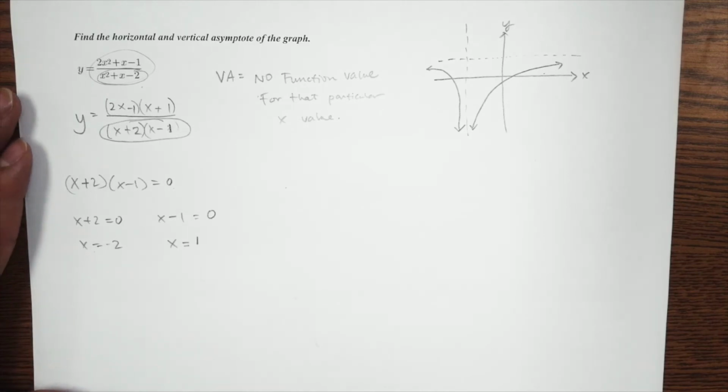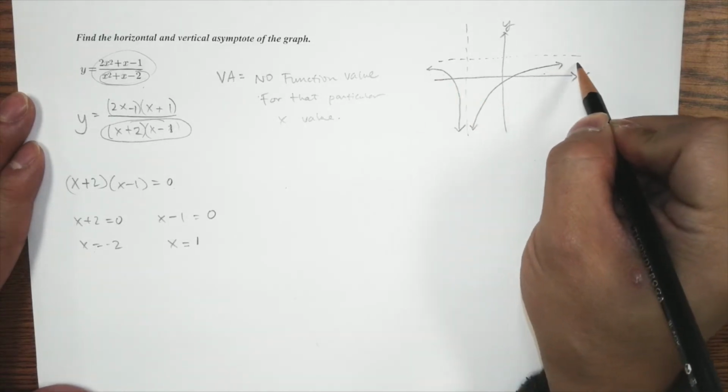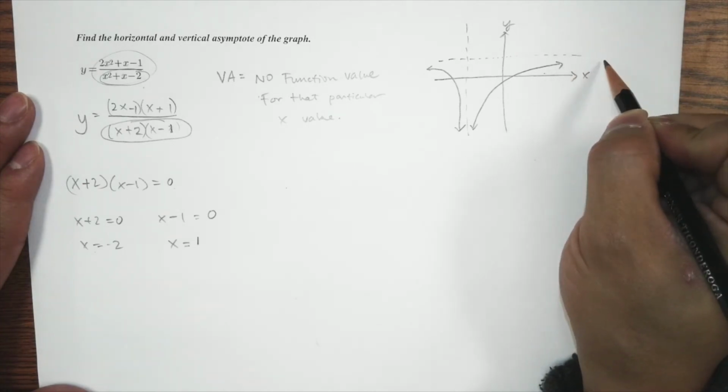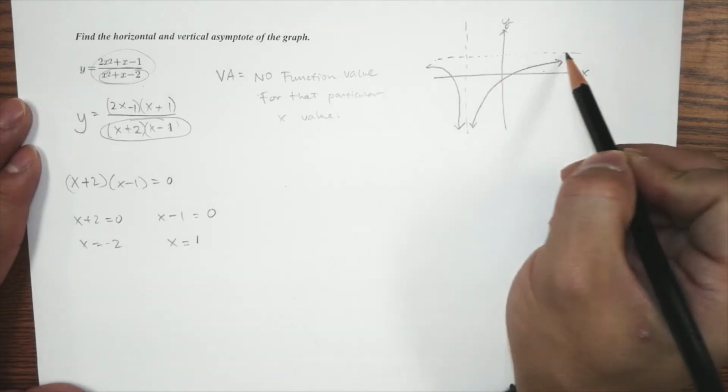And the next thing is, what about the horizontal asymptote? The horizontal asymptote is really about when x is getting bigger and bigger, infinitely bigger, where the function is going. It has nothing to do with the idea of vertical asymptote. It does not include the meaning of not touching the horizontal asymptote.